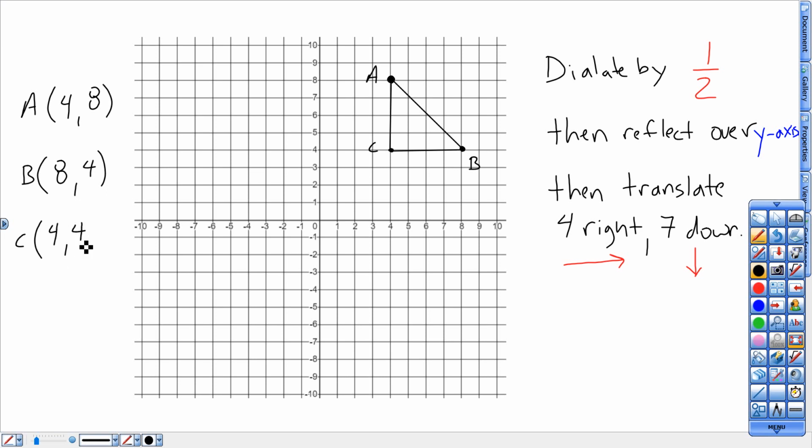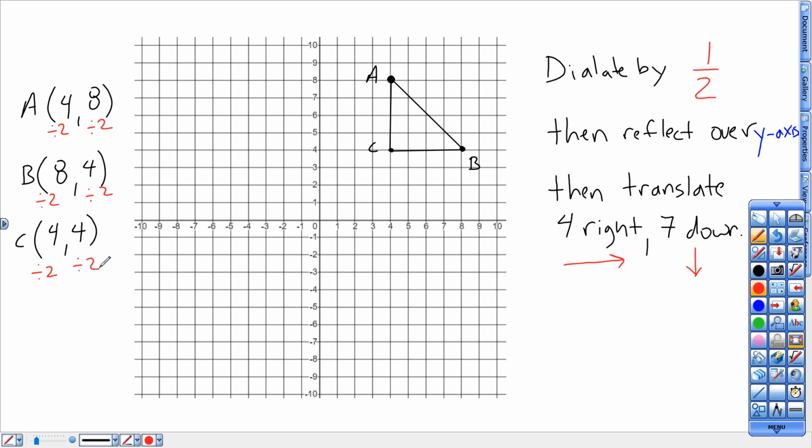Do the dilation perfectly first, which means each coordinate for X and Y, I'm not timesing by 2, I'm dividing by 2. Timesing by a half is the same as dividing by 2. That's a Math 1 concept you'll be looking at. Dividing by 2 is the same as timesing by a half.